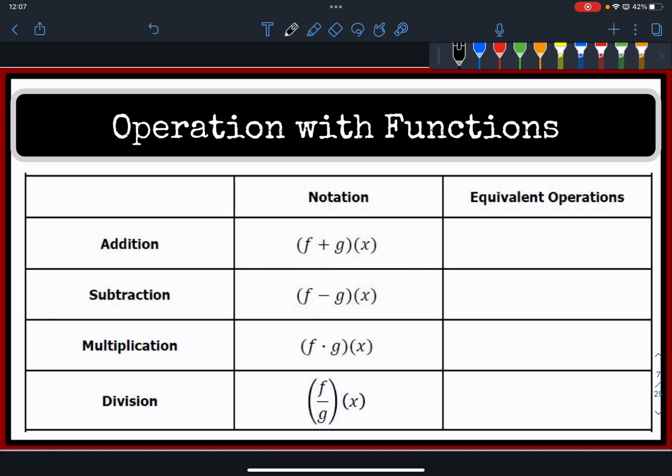So the equivalent notation of f plus g of x is f of x plus g of x. Similarly, the notation of f minus g of x is f of x minus g of x.